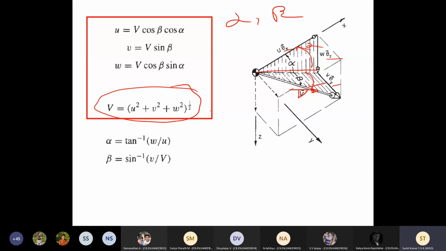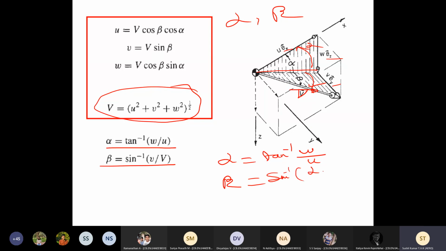But what is important for us are these two relations. Alpha is equal to tan inverse of w by u, vertical velocity by forward velocity. That's the way you remember it. And side slip beta is sine inverse of v by the resultant velocity. So in the first few modules we'll be using only this alpha.